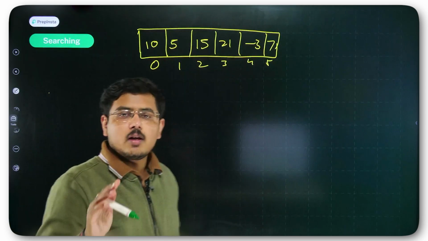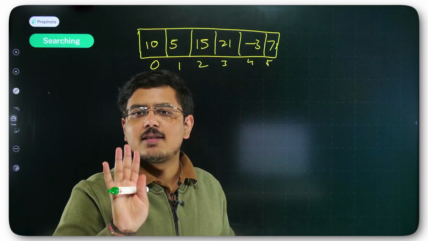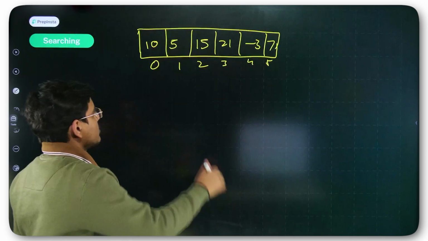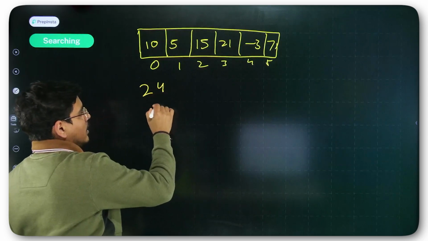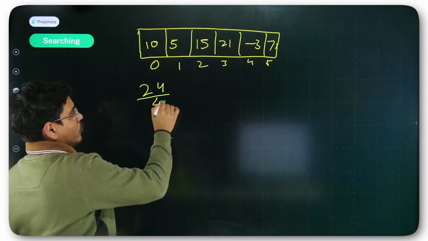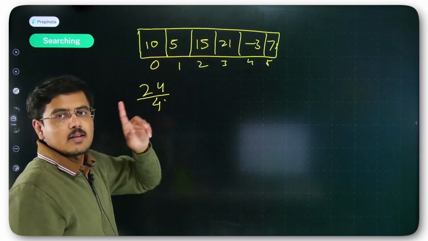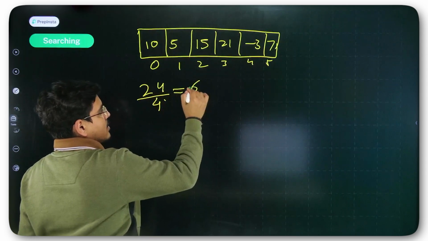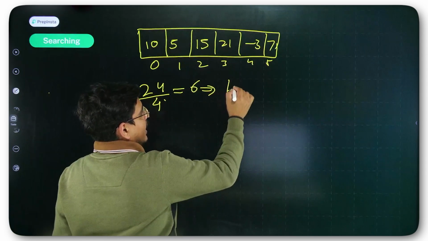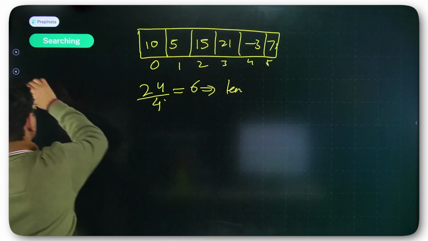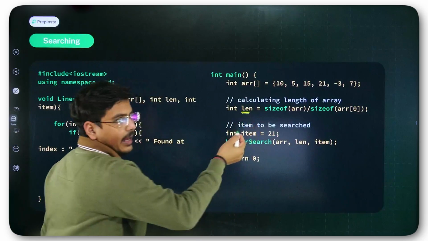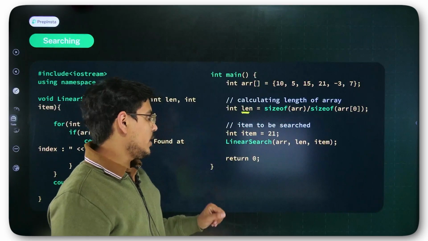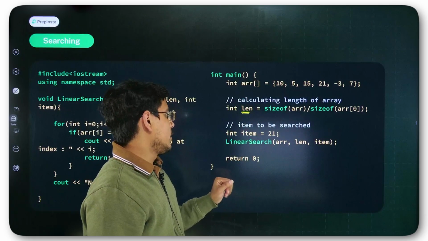In usual compilers, it is 4 bytes that an integer value occupies. So there are 6 values, 24 total size of this array, 24 bytes. So I am saying that 24 divided by 4, which is the size of this particular element. A single element occupies 4 bytes, okay? Now when I divide this and I get 6, this is what I say as length, okay? I have passed this in the variable length or len, the variable which is written here, okay? I have passed this 6 as a value in this, okay? I have assigned this value to len variable.